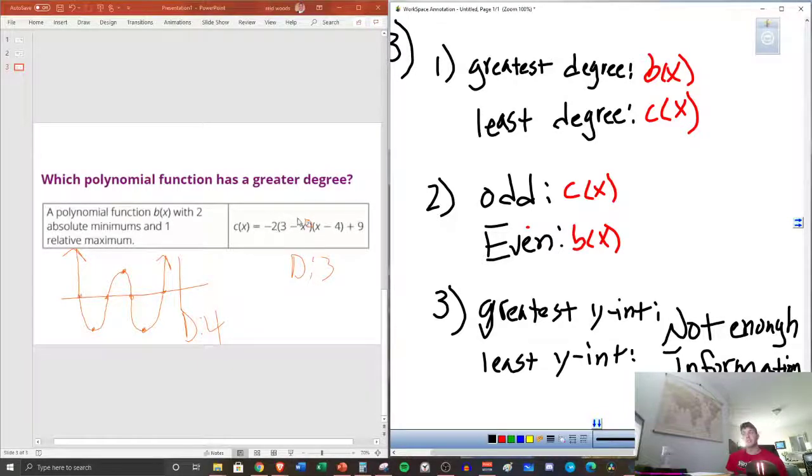This would get us -2 times 3 times -4, so 6 times 4, that's 24. It's positive, so it's something in the positives up there, but we don't know this one, so we don't have enough information.